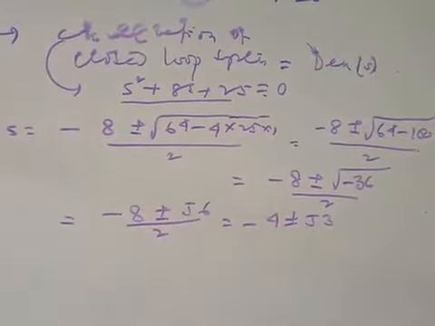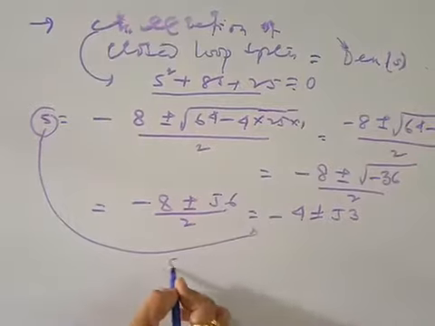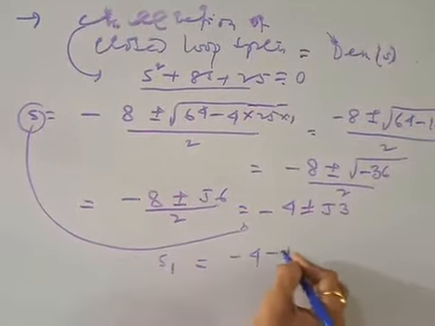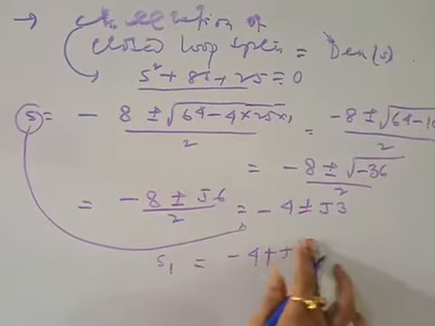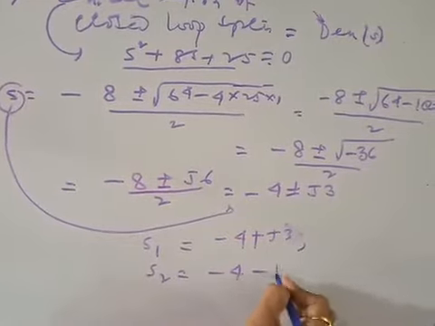So what do we get? You get the two values of s. One is s1, that you can write as minus 4 plus j3, and the second root is equal to minus 4 minus j3.